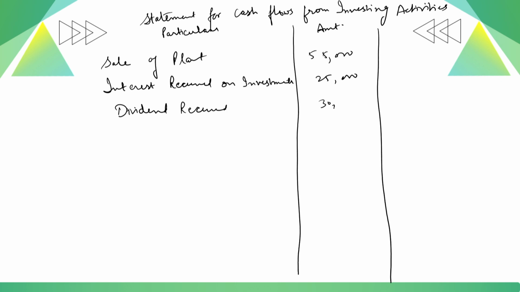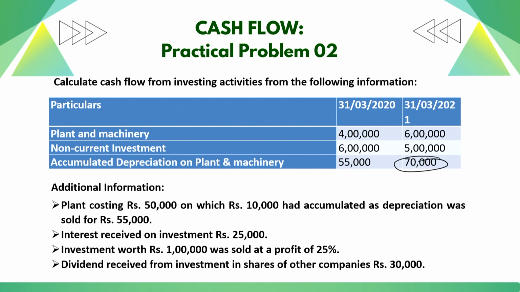that is 30,000. You can see from the question that the non-current investments in the beginning was 6 lakh and in the current year it is 5 lakhs.